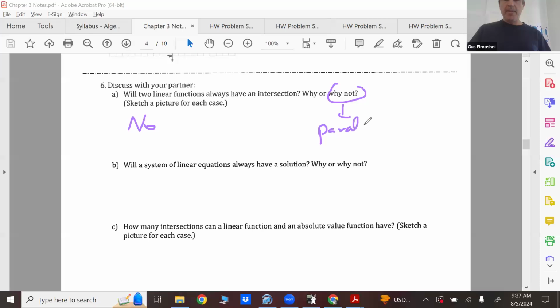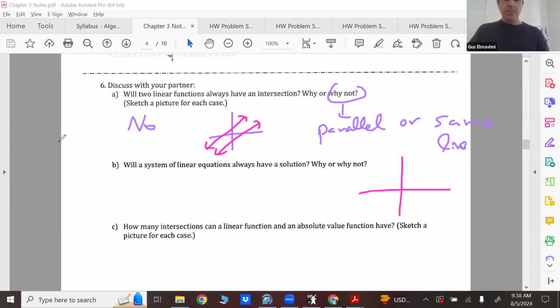It could be parallel, or the same line, and they overlap. That could happen.